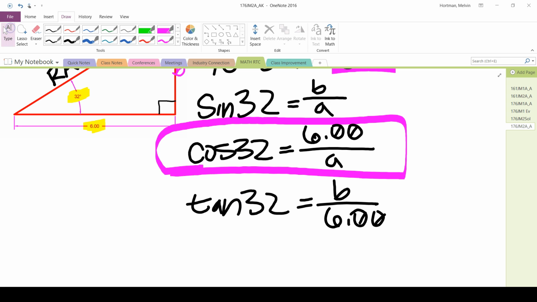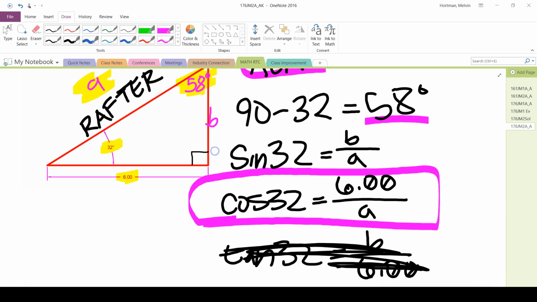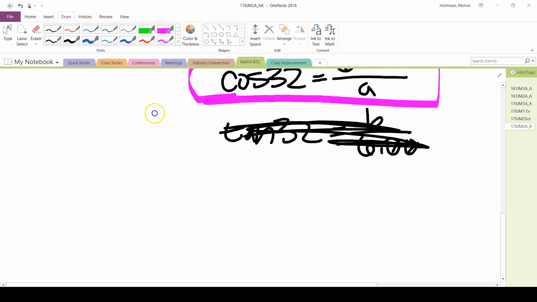We will not use this. Boo tangent, boo sine. We're not going to use those. Okay? Alright, so cosine.